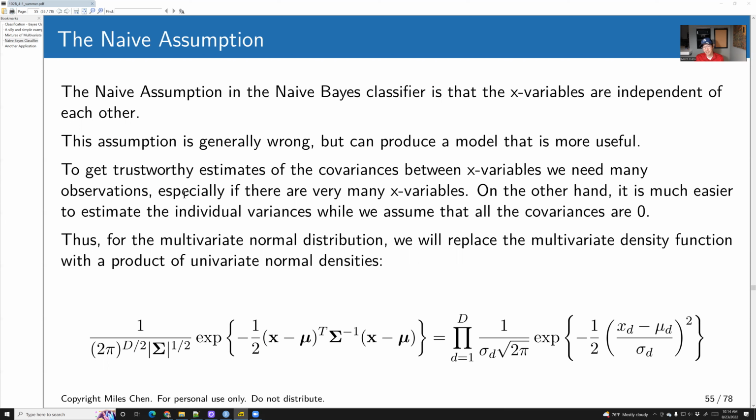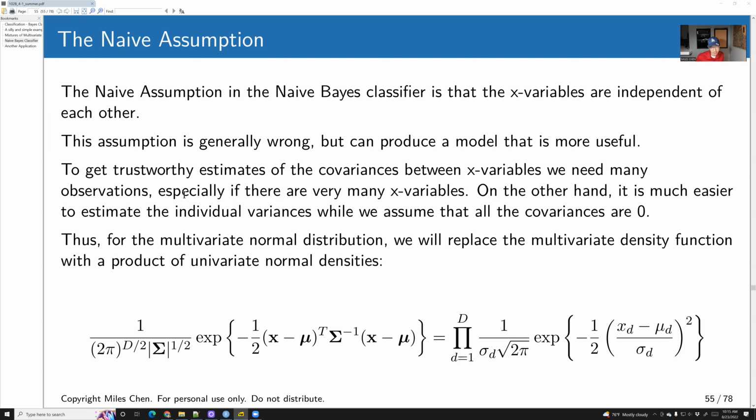Okay, so the issue with the multivariate normal distribution is that you often need a lot of data to get the covariance between x variables, right? What's the covariance between x1 and x2? And what's the covariance between x1 and x3, and what's the covariance between x2 and x3, and so on and so forth. And if you have a whole bunch of these different x variables, then calculating covariance for every single one of them might require lots of data, right?